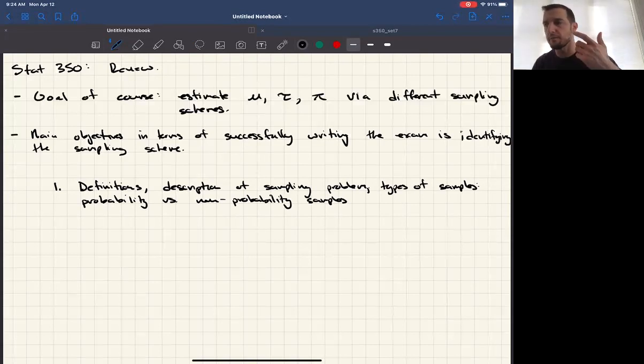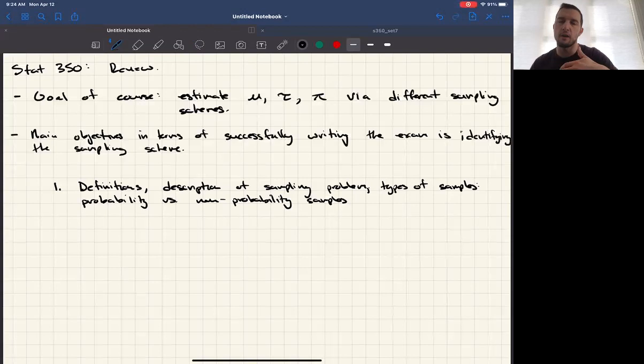I can't remember off the top of my head what they were called, but we talked about these different types of non-probabilistic samples and the issues that can arise with those samples in terms of, mainly them being non-representative of the population. And then we talked about how a probability sample is designed to try and randomly survey from the entire population such that the resulting sample should have a balance of the characteristics that you would expect from the population that you were studying.